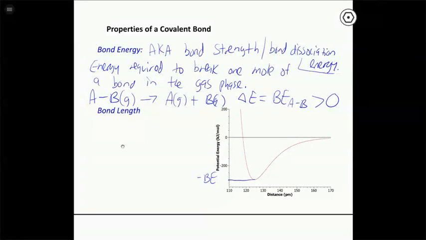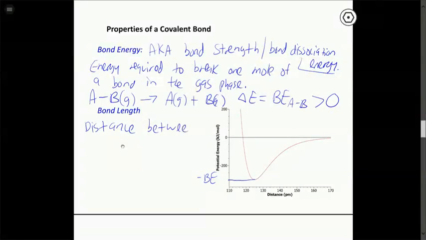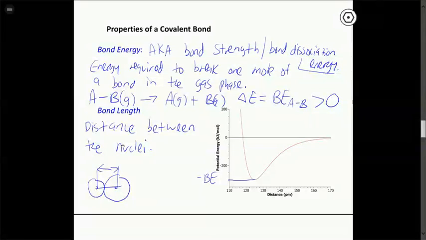The other important parameter is bond length. This is the distance between the nuclei. If we have the two atoms A and B bonded to each other, let's say the atoms themselves are different sizes, but it's this distance here, the distance between the two nuclei for A and B. The important point here is that it's inversely related to the bond energy.